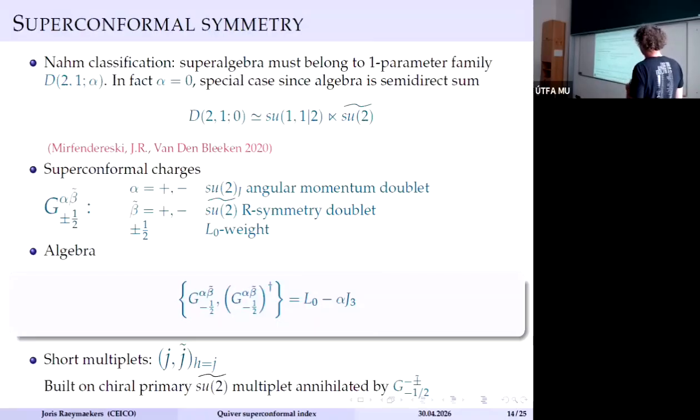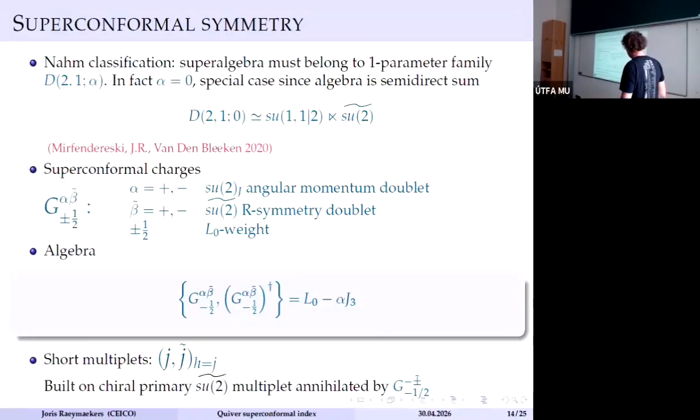The first thing we did in this subject was to determine the value of alpha, and it turns out that alpha is 0. That's a very special case where the algebra is not semi-simple; it's a semi-direct sum, in the sense that this second SU(2) does not appear anywhere on the right-hand side of your commutation relations, which would not be the case for other values.